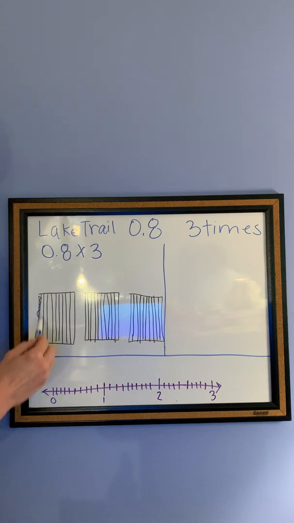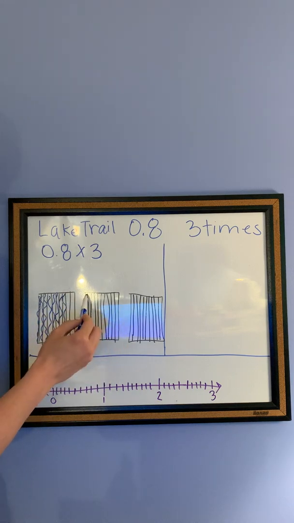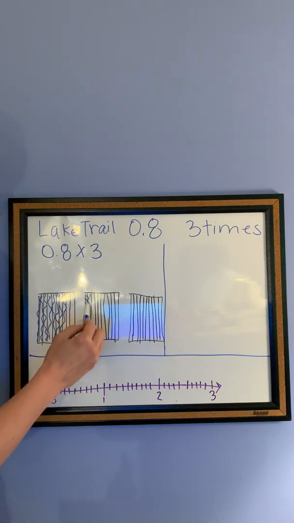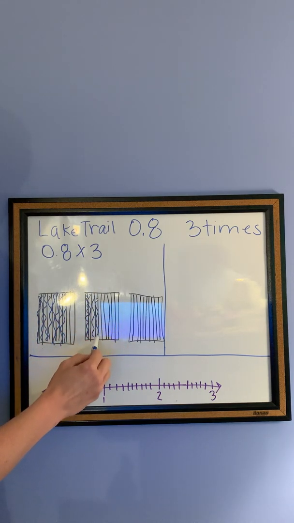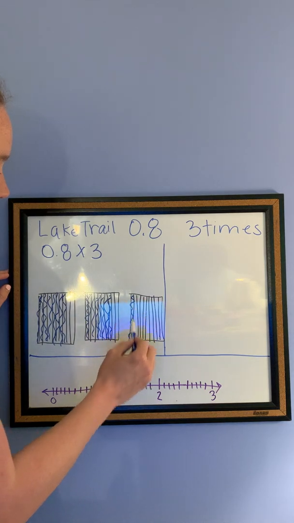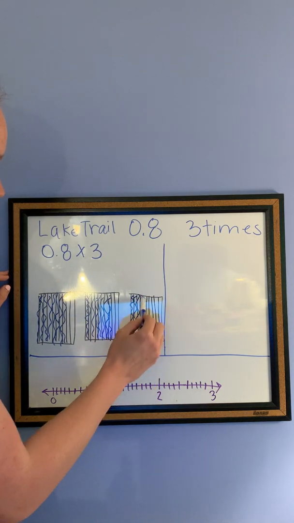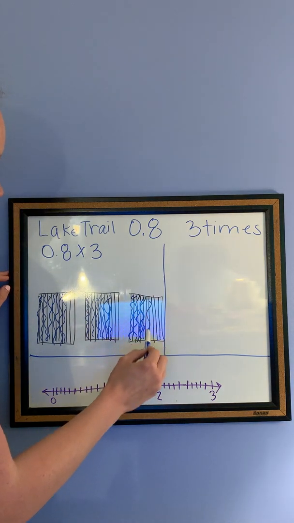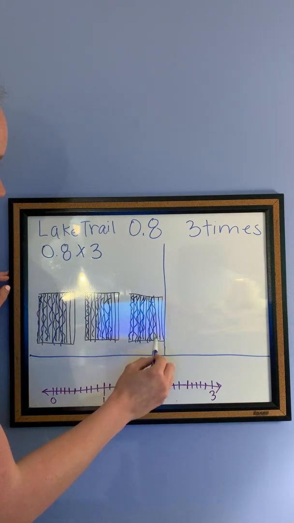So I've got 1, 2, 3, 4, 5, 6, 7, 8 tenths, and then I ran it again. I ran 1, 2, 3, 4, 5, 6, 7, 8 tenths. And then again, I ran 8 tenths.